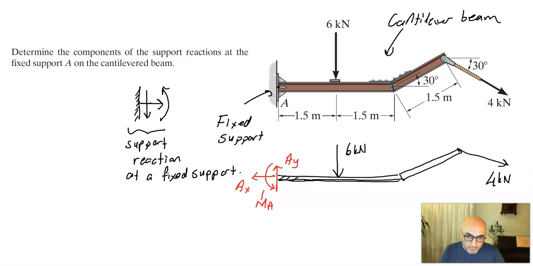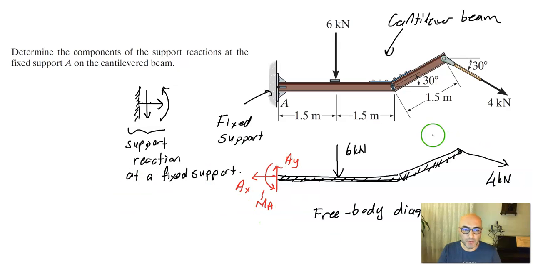Okay, so that's my free body diagram, with all the external actions like 6 kilonewton, 4 kilonewton applied forces, and the support reactions.